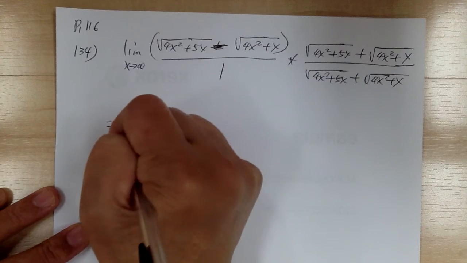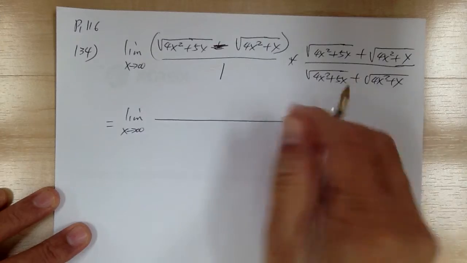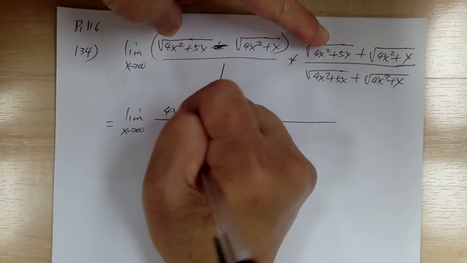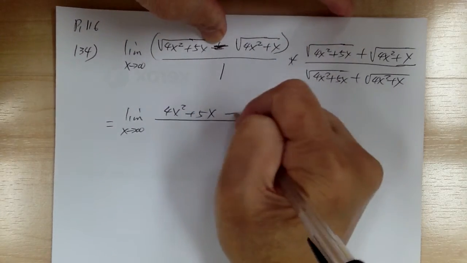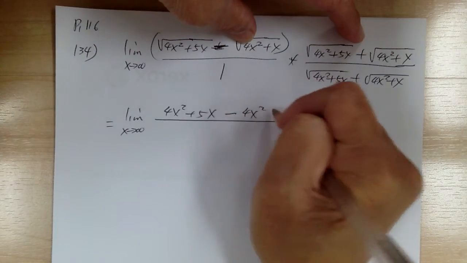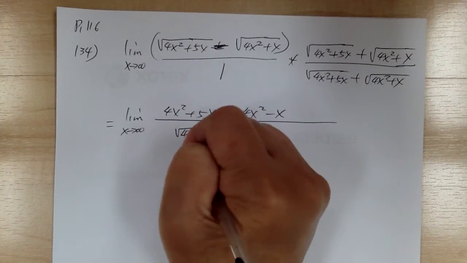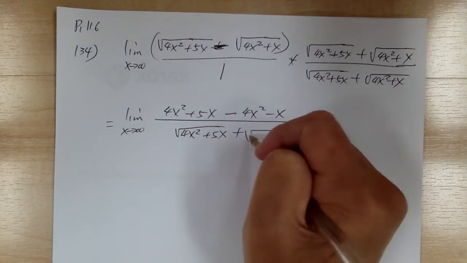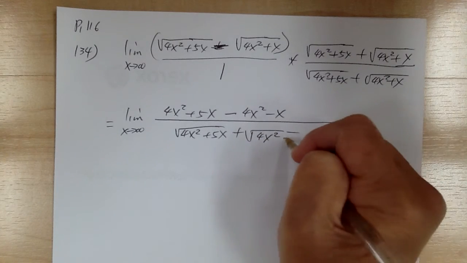So this will equal the limit of, let's multiply these things out. So this gives you 4x squared plus 5x, and this would be minus this whole thing, so minus 4x squared minus x. And on the bottom, you're going to get the square root of 4x squared plus 5x plus the square root of 4x squared plus x.